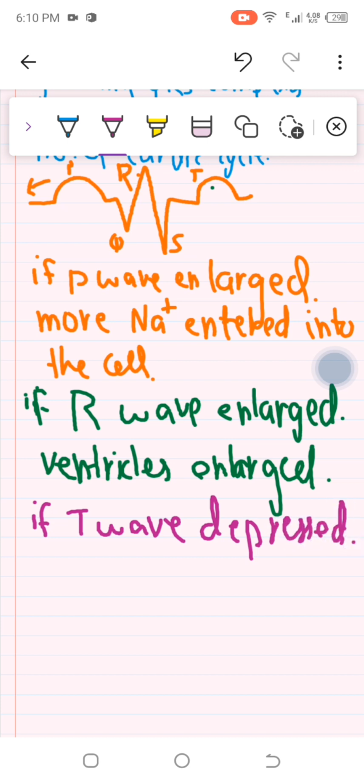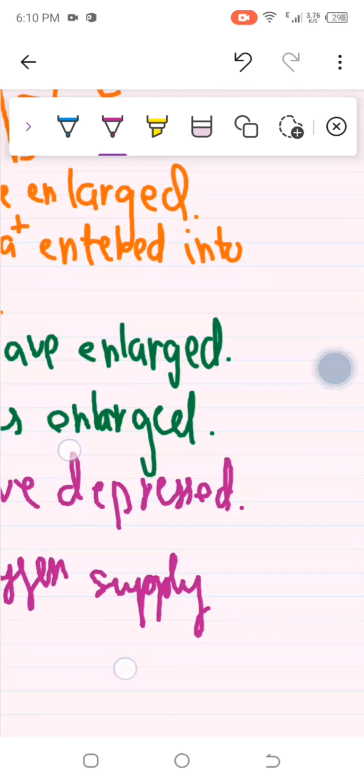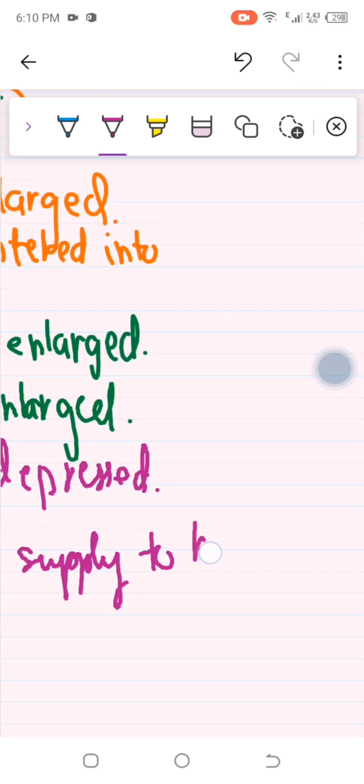If the T wave is depressed, this means less oxygen supply to the heart.